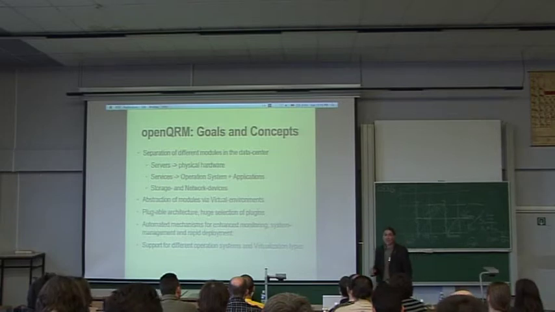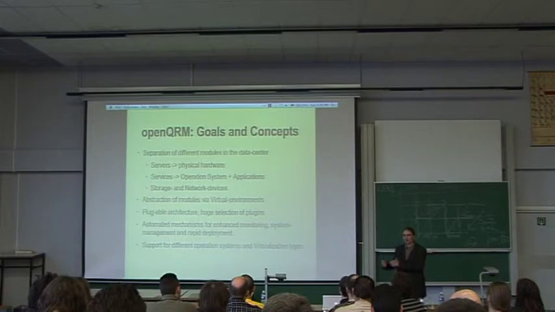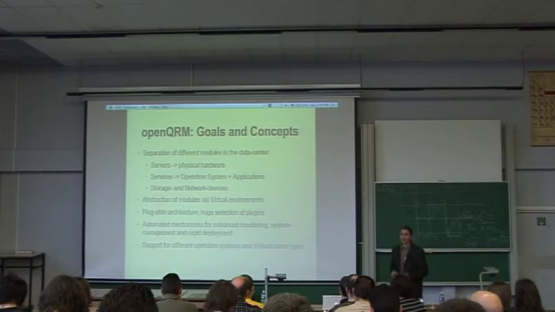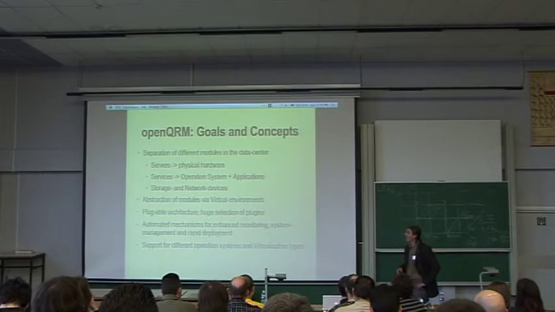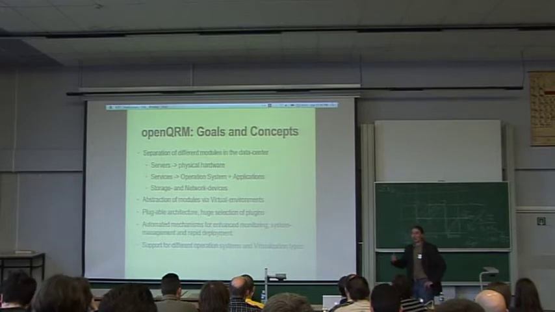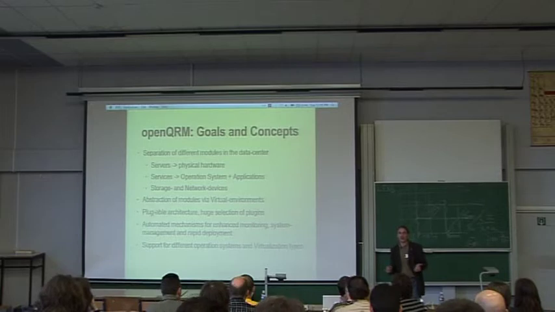On the other hand, we try to separate the operating system plus the applications from the physical hardware or virtual machine hardware. This is done mainly via net booting. All computers managed by openqrm are normally net booting and managed via net booting. They can also start locally, meaning start from the local disk if there is a local disk inside.